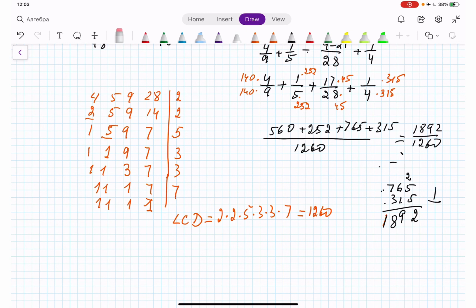How did I find it? I know that 1260 I can divide by 4, and I will get 315. So at the bottom will be 315, and 1892 divided by 4 gives 473. And that's it.